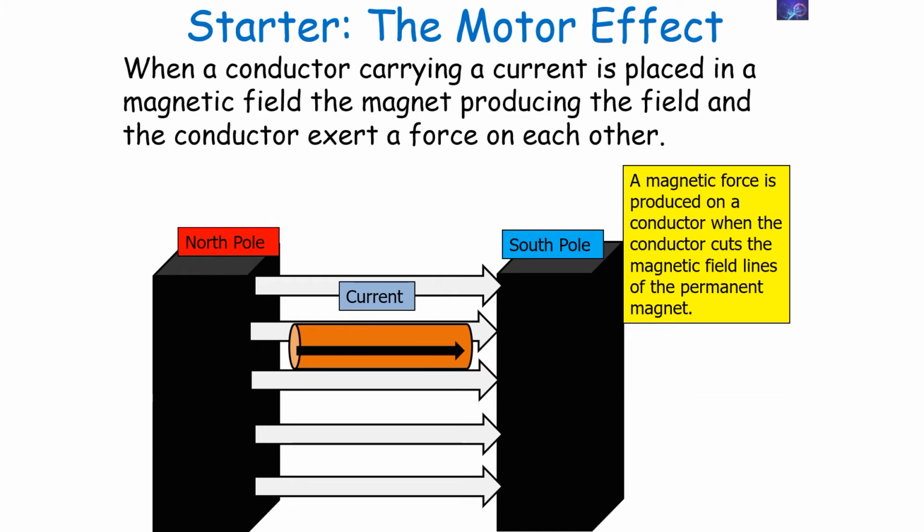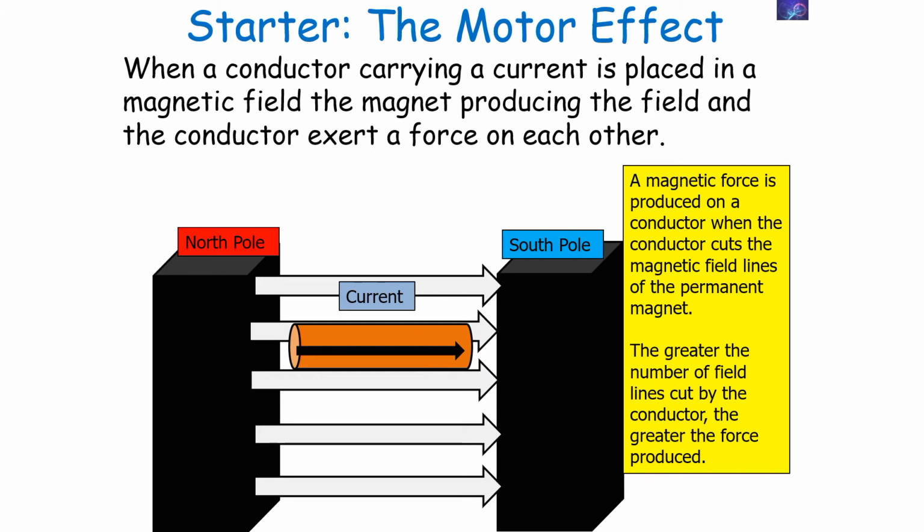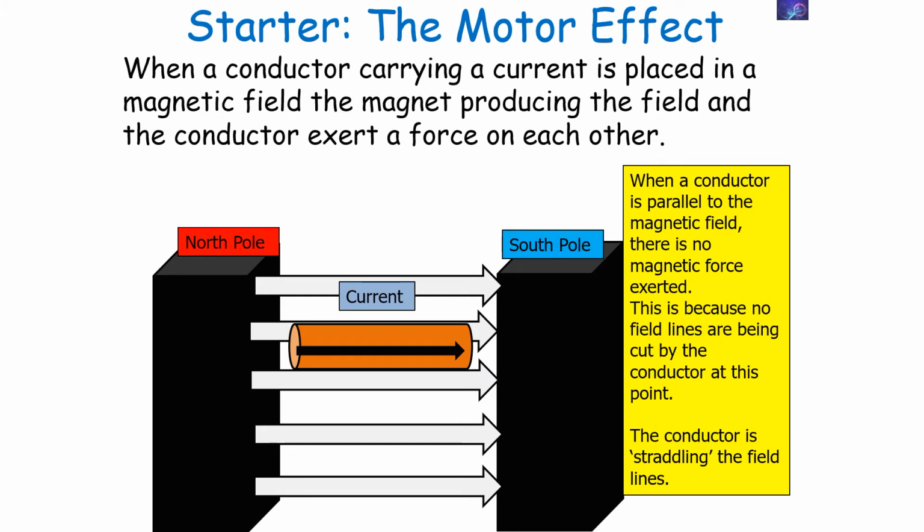A magnetic force is produced on the conductor when the conductor cuts through the magnetic field lines of the permanent magnet. The greater the number of field lines cut by the conductor, the greater the force produced. When a conductor is parallel to the magnetic field, there's no magnetic force exerted. Why is this? It's because no field lines are being cut by the conductor at this point.